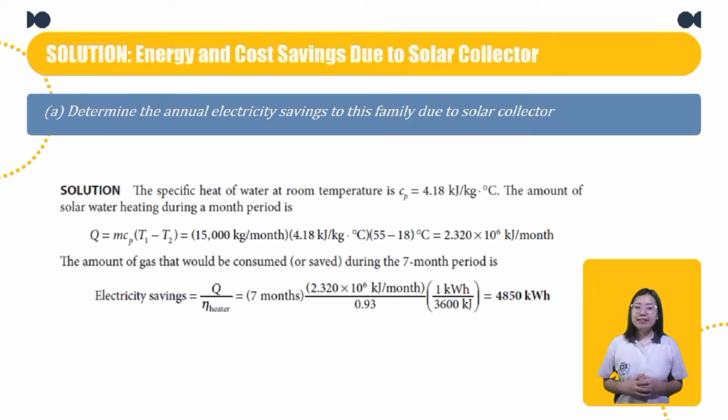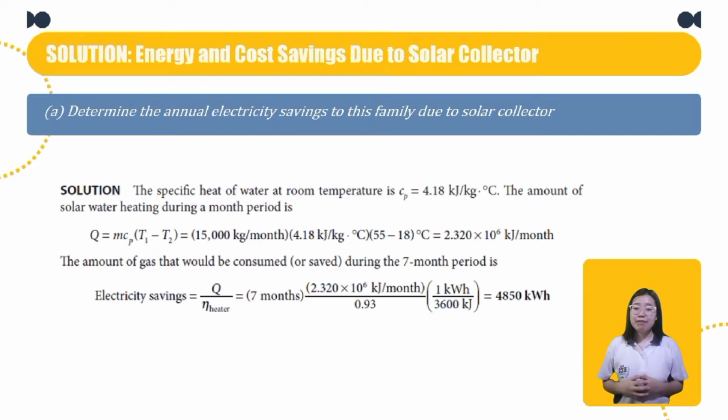So, to determine the electricity savings, the formula to be used will be the amount of solar water heating divided by the efficiency of the heater. To be able to solve this, we first need to find the amount of solar water heating during a month period. The formula for this is M times C sub P, or the specific heat of water at room temperature, which is equal to 4.18, times the difference of T sub 1 and T sub 2, as we can see here.